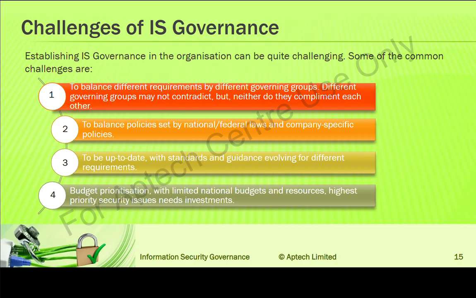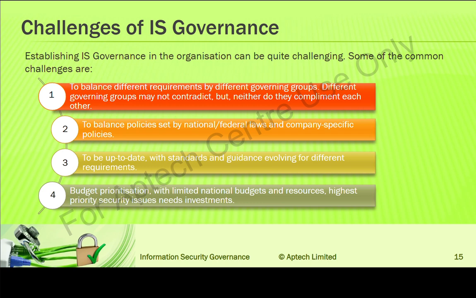And we also have to balance policies set by national or federal law and company-specific policy. There's also a problem here because we have different services and different missions. To balance it is somehow hard. And then to be up to date with standards and guidance evolving for different requirements is also hard to meet.